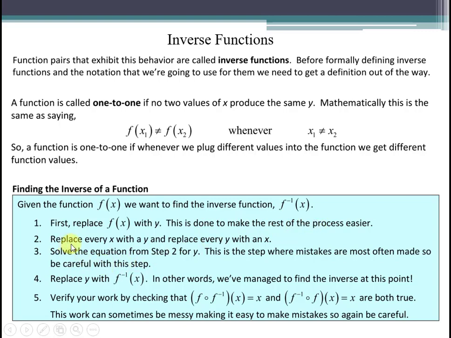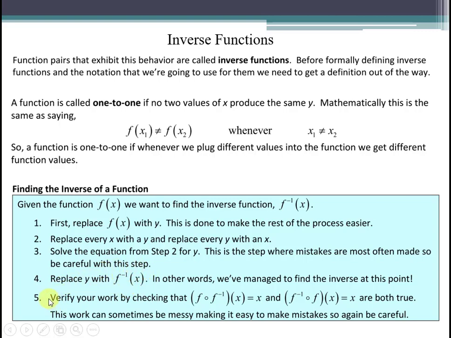The next step, replace every x with y and every y with x. So we should change x to y, y to x. Then solve the equation from the second step for y. Fourth one, replace y with f minus 1 of x because this is how we get the inverse function.